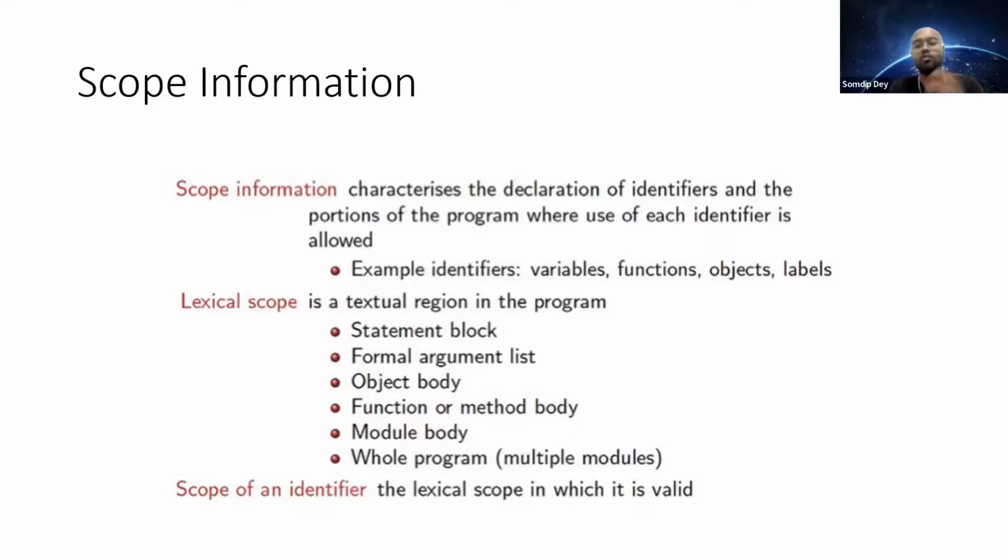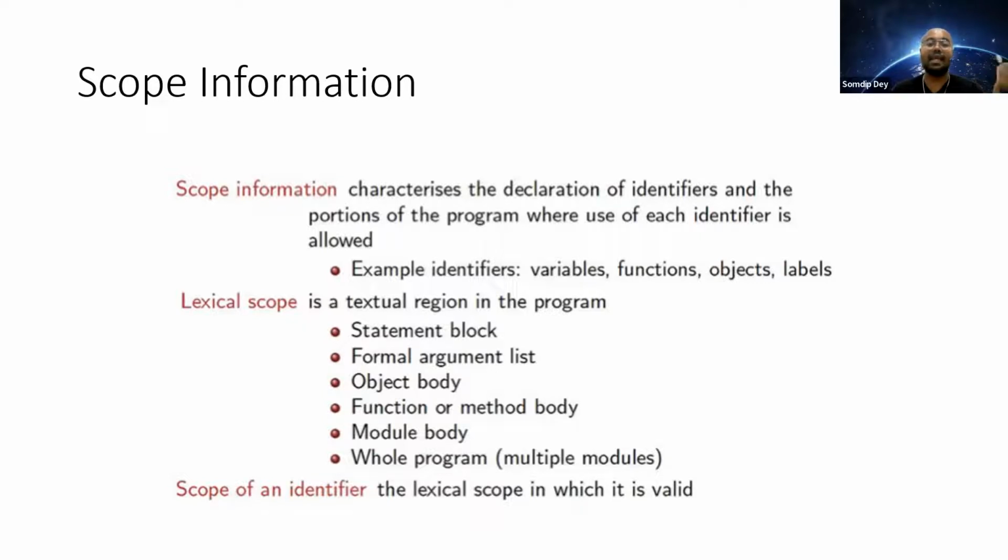Now, lexical scope is a textual region in the program which could include a statement block, a formal argument list, object body, function or method body, module body, or the whole program itself consisting of multiple nodes.